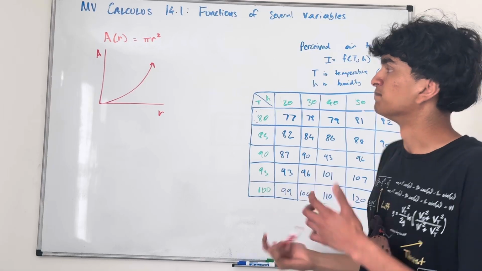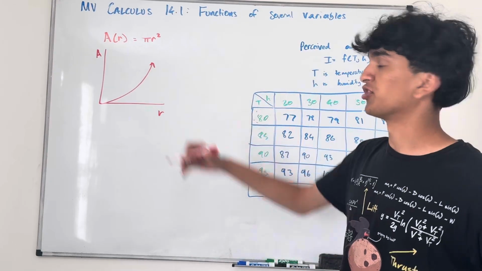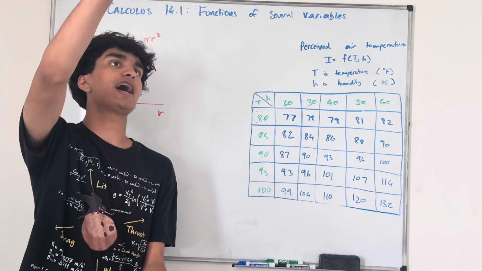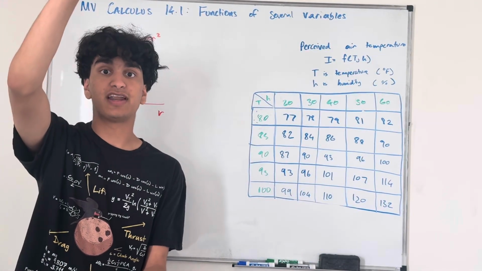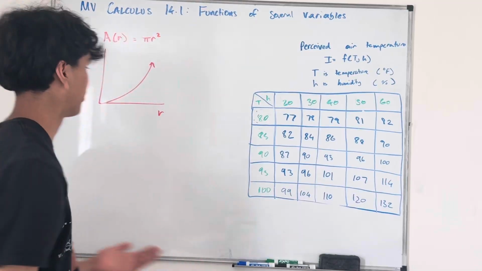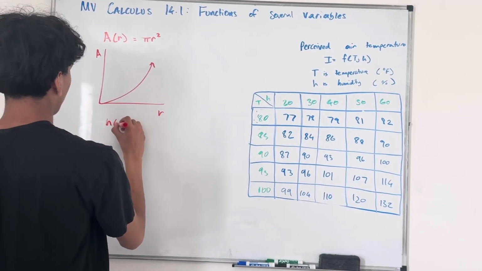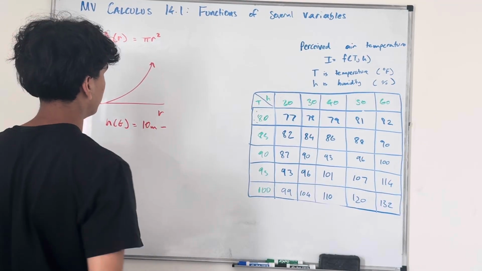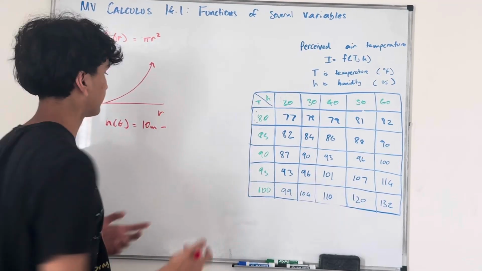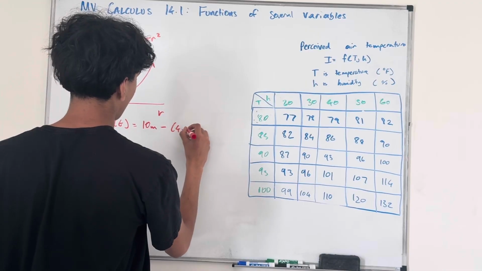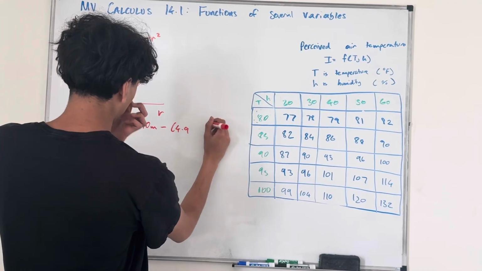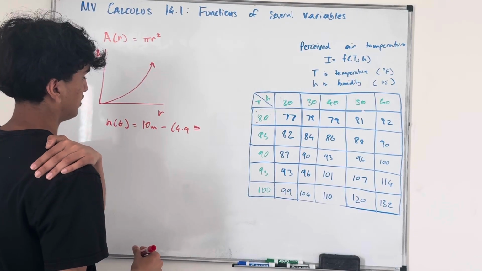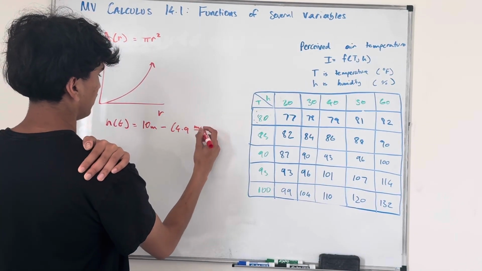Now, the idea of a function is really helpful in a lot of ways, right? For example, you can make a function for the height of my pen after a certain time t, after I drop it, right? I can write h of t, and it would be something like your initial height, 10 meters, minus, and then you would do some physics and figure out it would be 4.9, and then the units would be meters per second squared.